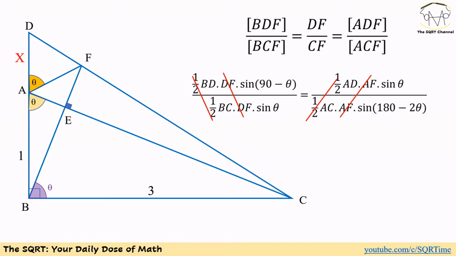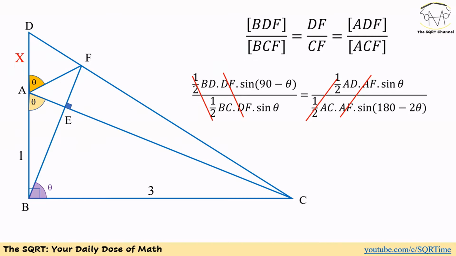Now we are going to write the area that we have for BDF as 1 over 2 times BD times DF times sine of 90 degrees minus theta. For BCF, we are going to write it as 1 over 2 BC times DF times sine of theta.